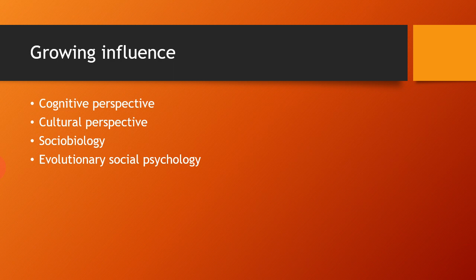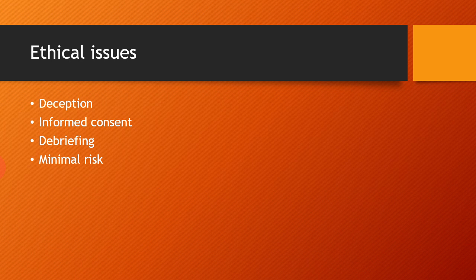Now comes some of the major ethical issues in social psychological research. First one is deception. Deception can be seen as essential in many of the researches in social psychology.